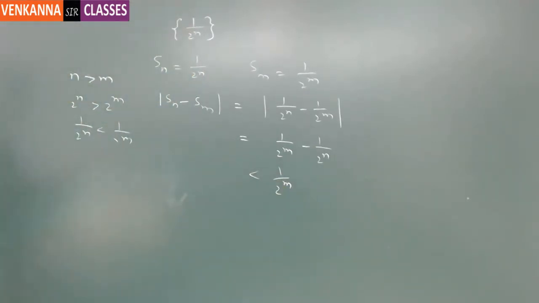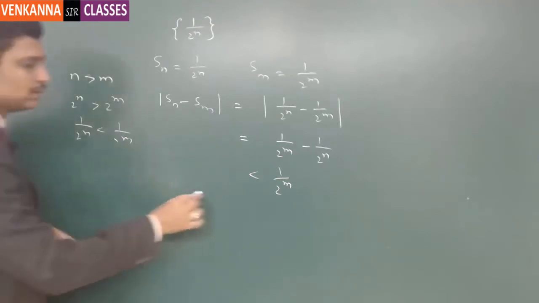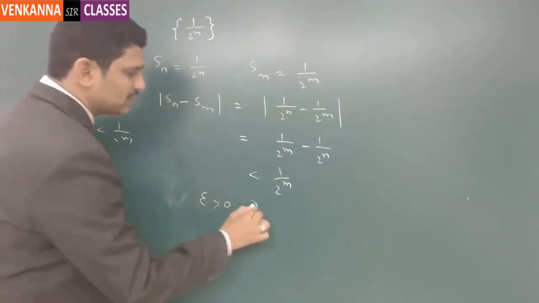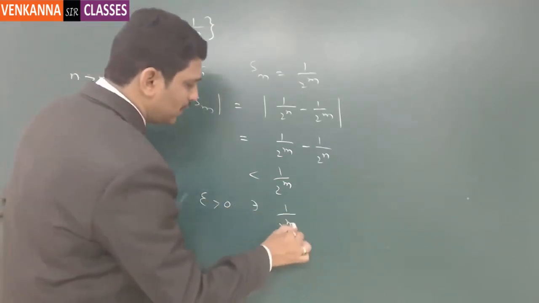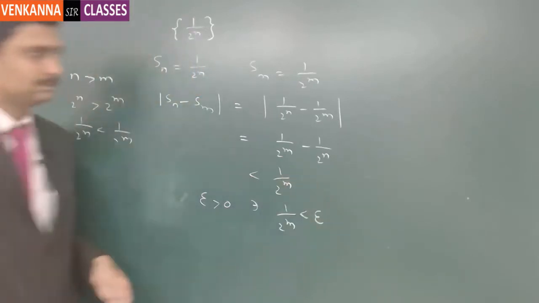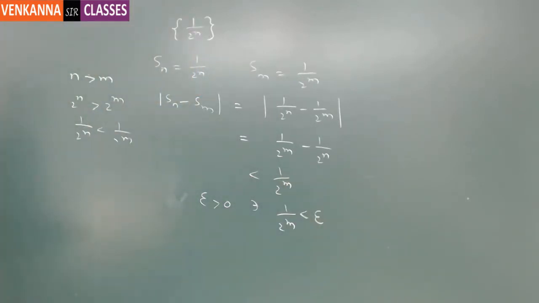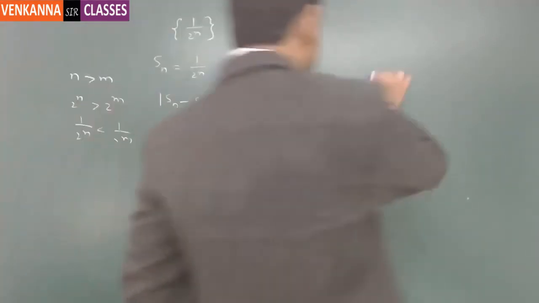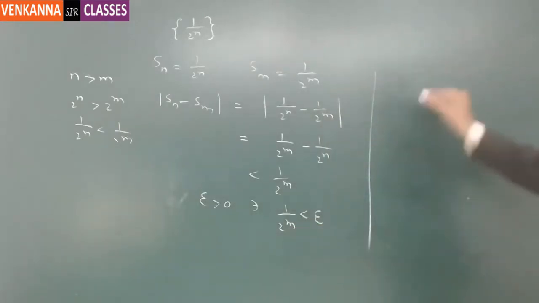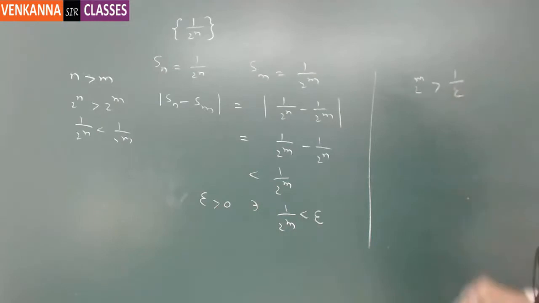Now at this part, you choose epsilon. Choose epsilon greater than 0 such that 1 by 2 power m is less than epsilon. Now we are going to build a relation between m and epsilon. From this we have 2 power m greater than 1 by epsilon.